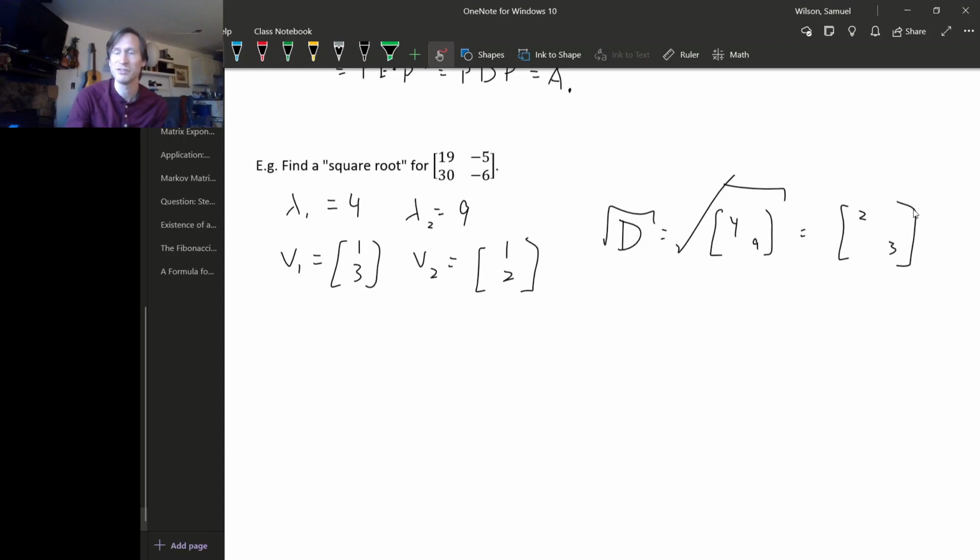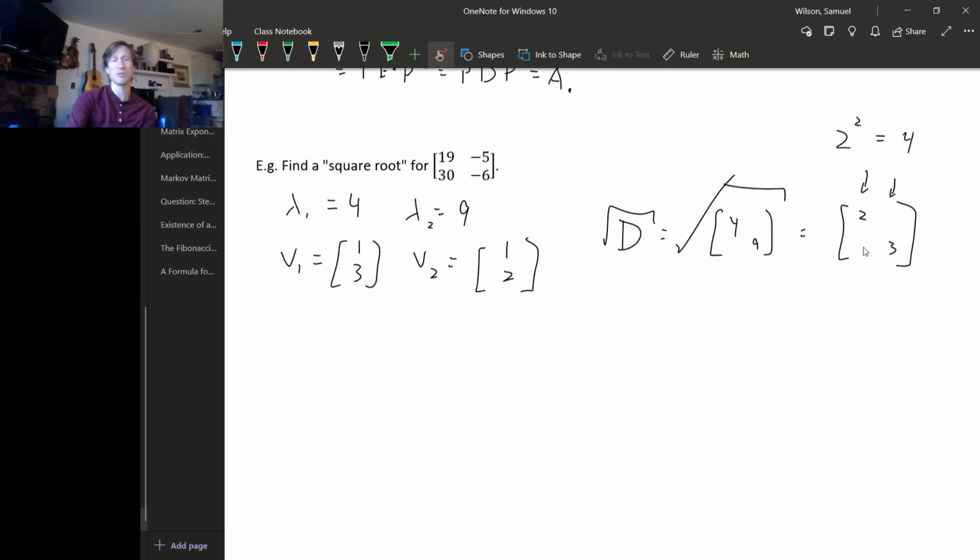Every positive real number has two distinct square roots. So since we have two places to put square roots, and two choices in each place, we're going to get at least 4 square root matrices that we could write down.